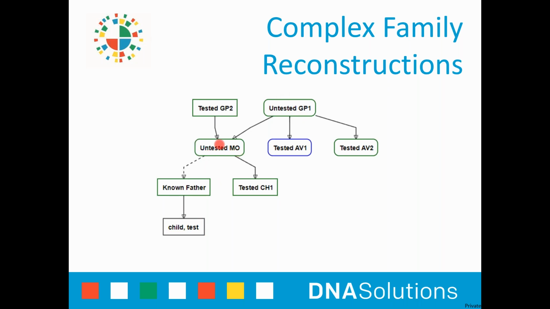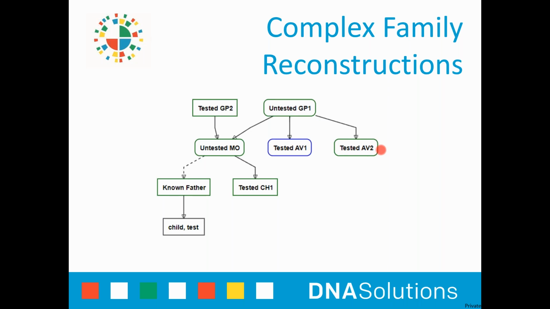MO was deceased, but we had a tested child available. And initially we had these two half siblings to the untested mother of the known father. We were able to link the known father through his untested mother to the GP1 because we had these two half siblings.